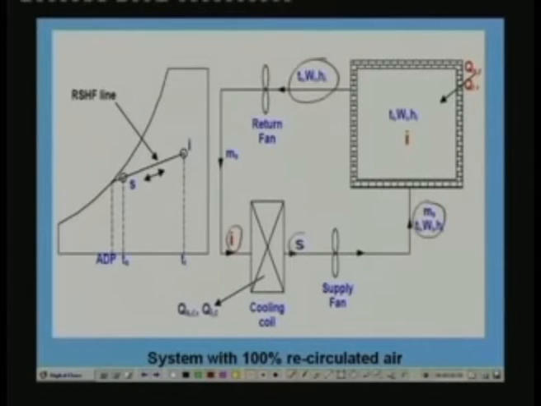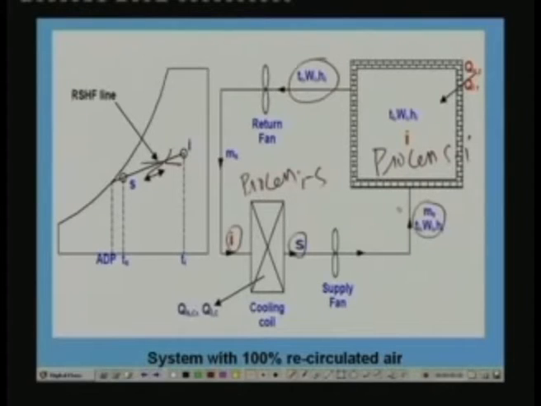Process IS will be exactly equal and opposite to process SI for this special condition of 100% recirculated air. That is why you have a single line here. As the air flows through the room, the process will be like this, and as air flows through the cooling coil, the process will be like this.